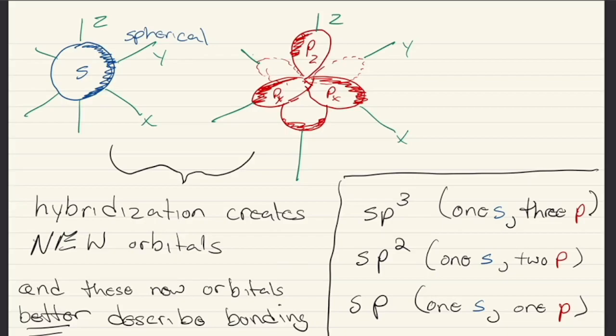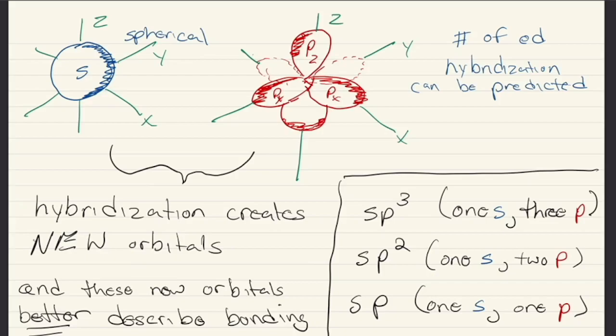Now, what we found is that based upon the number of electron domains, which we've seen and studied already when we talk about Lewis structures, hybridization can be predicted. But what's actually happening is a little beyond the scope of this class.